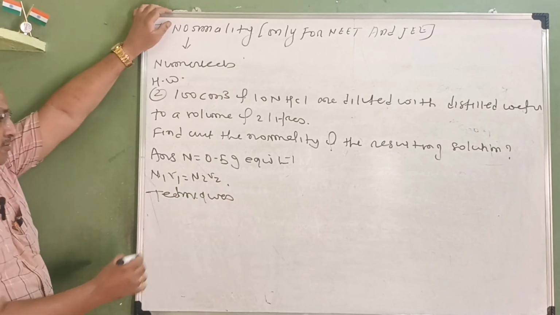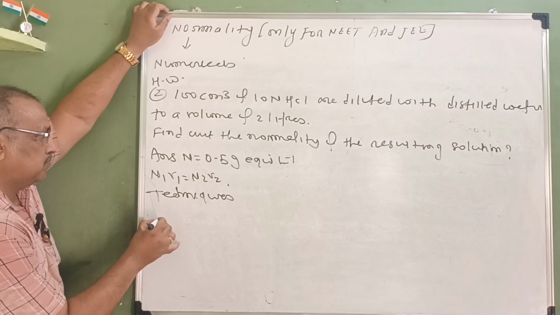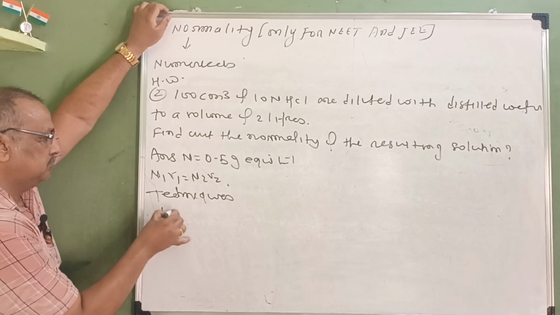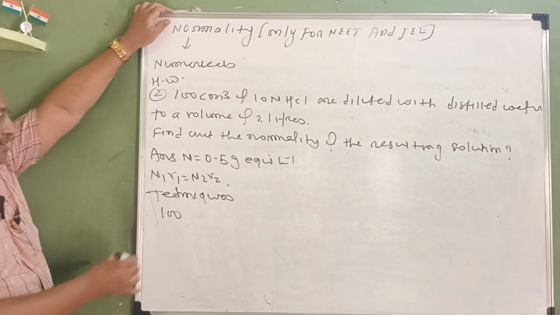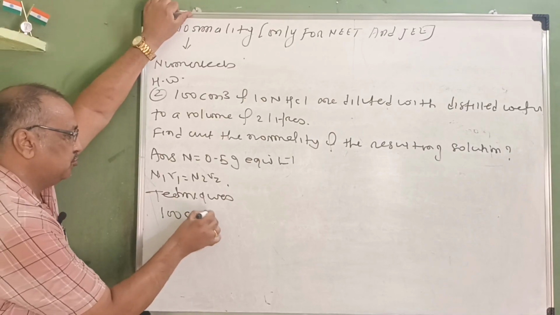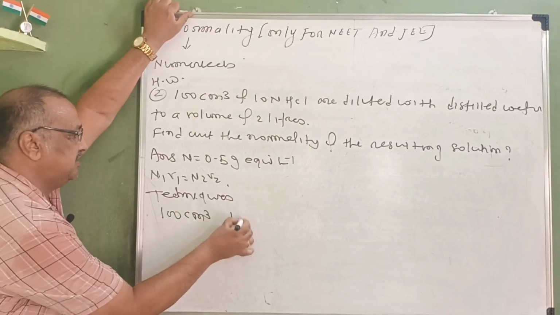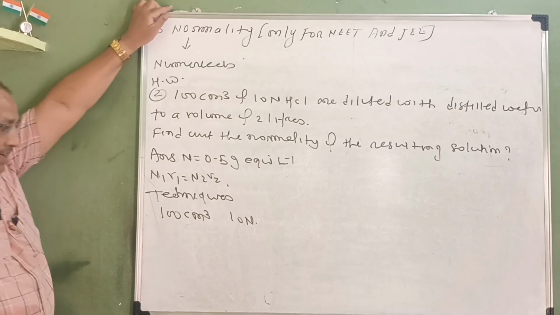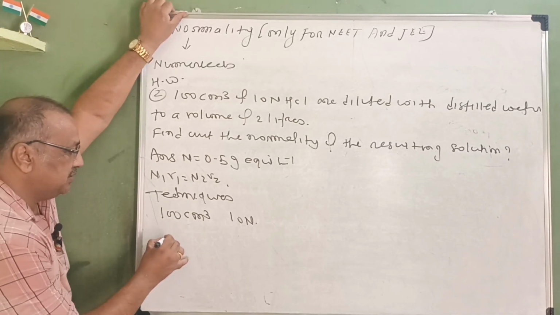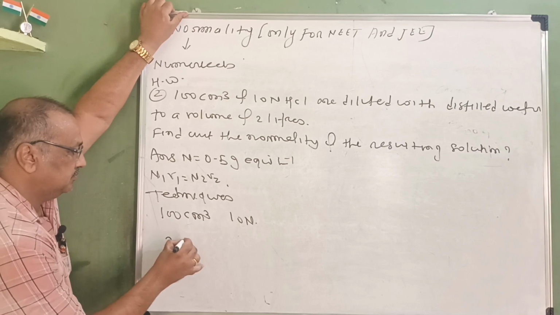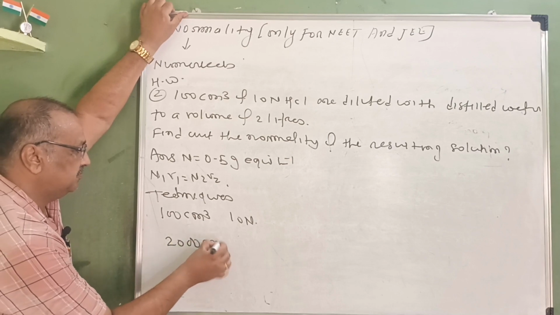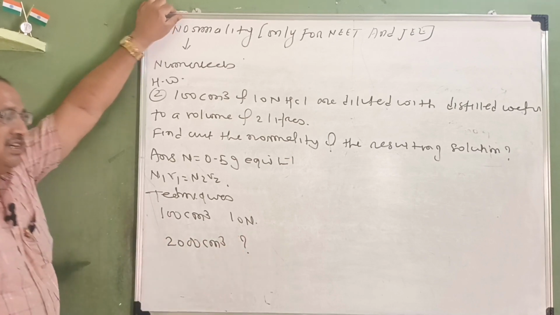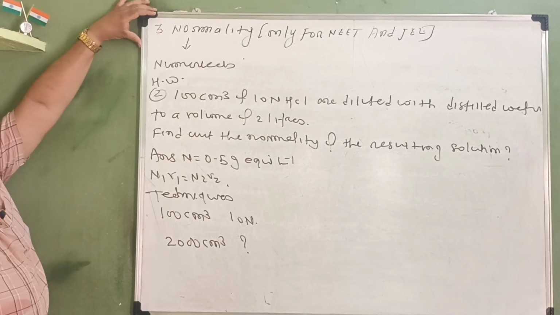That means hundred centimeter cube, here 10 normality, and here 2 liter means 2000 centimeter cube, and then calculate the normality.